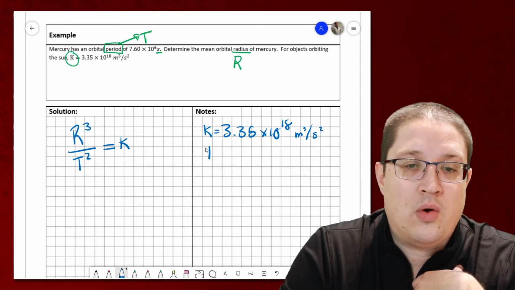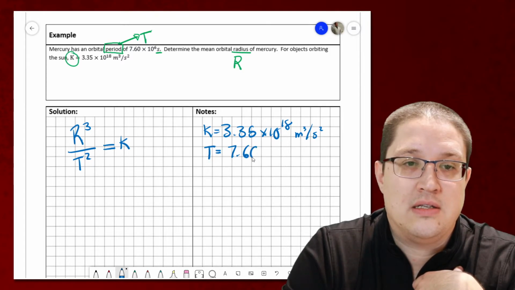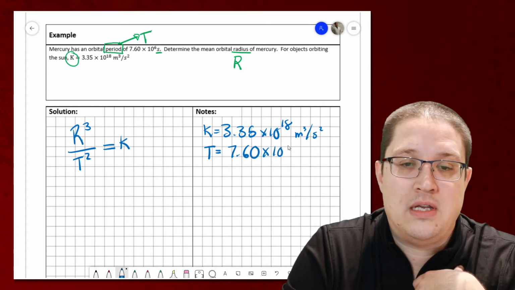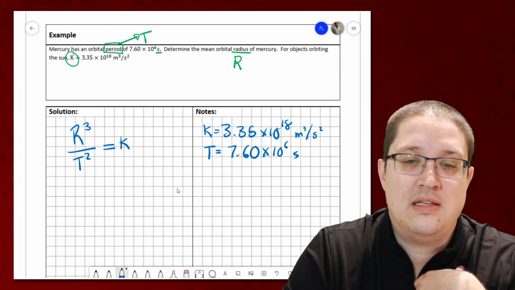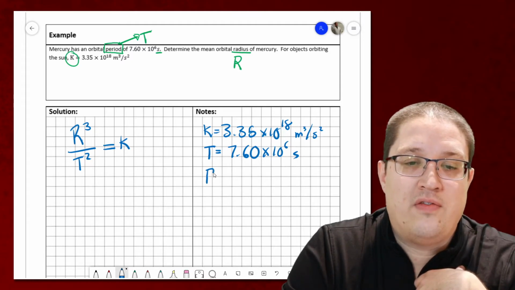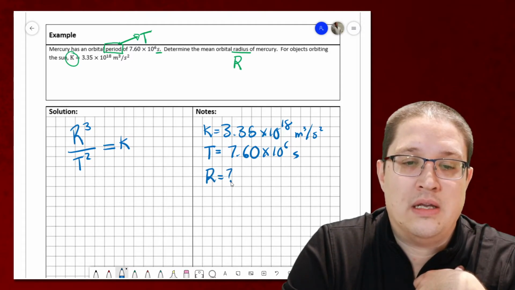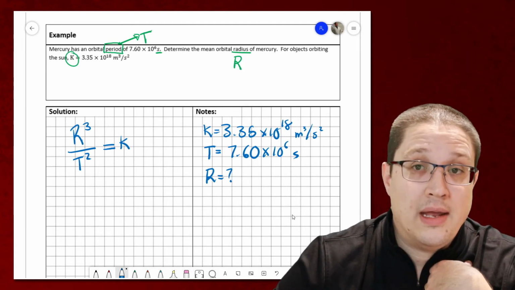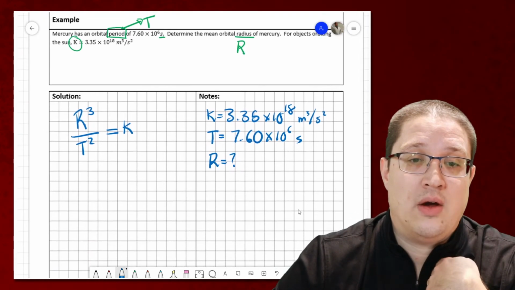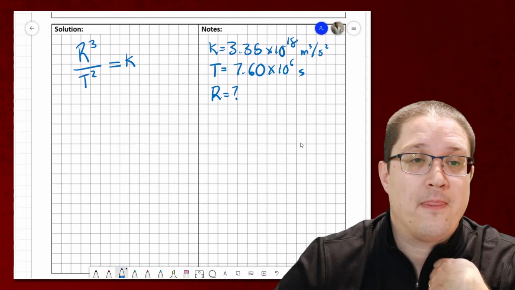I know that my orbital period is 7.60 times 10 to the 6th seconds. And I'm looking for my orbital radius here. Again, it's a good habit to get into writing down what you need off the hop.